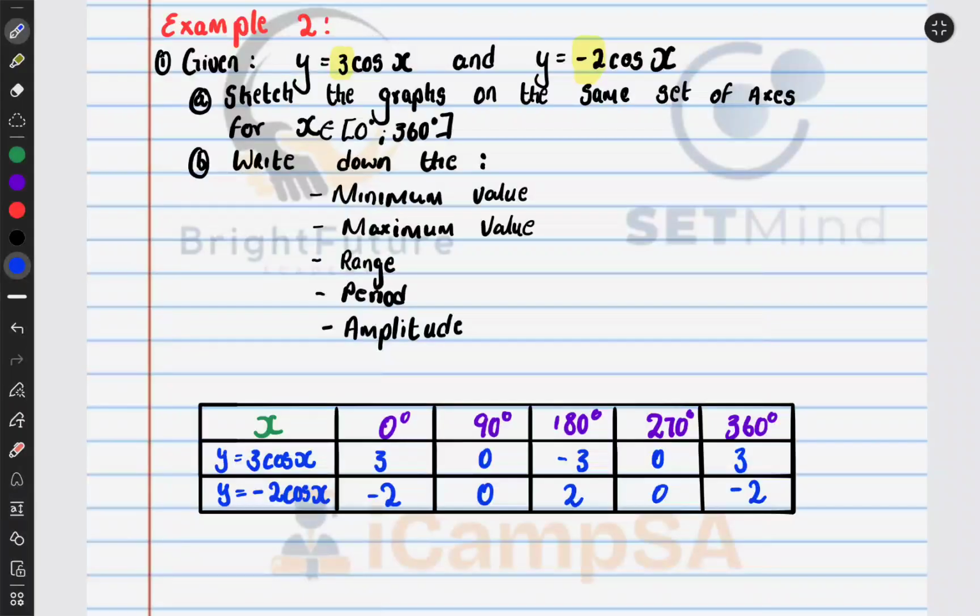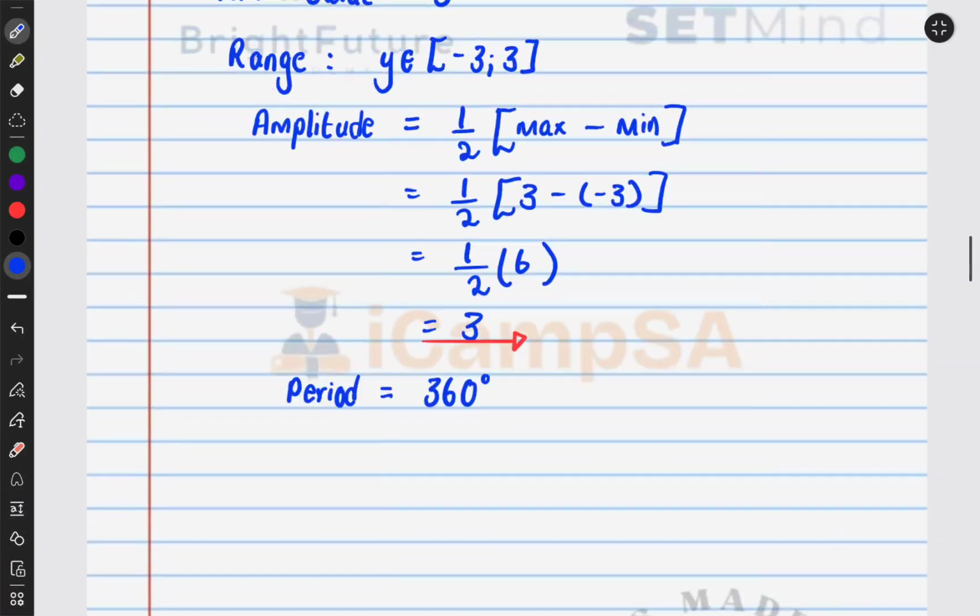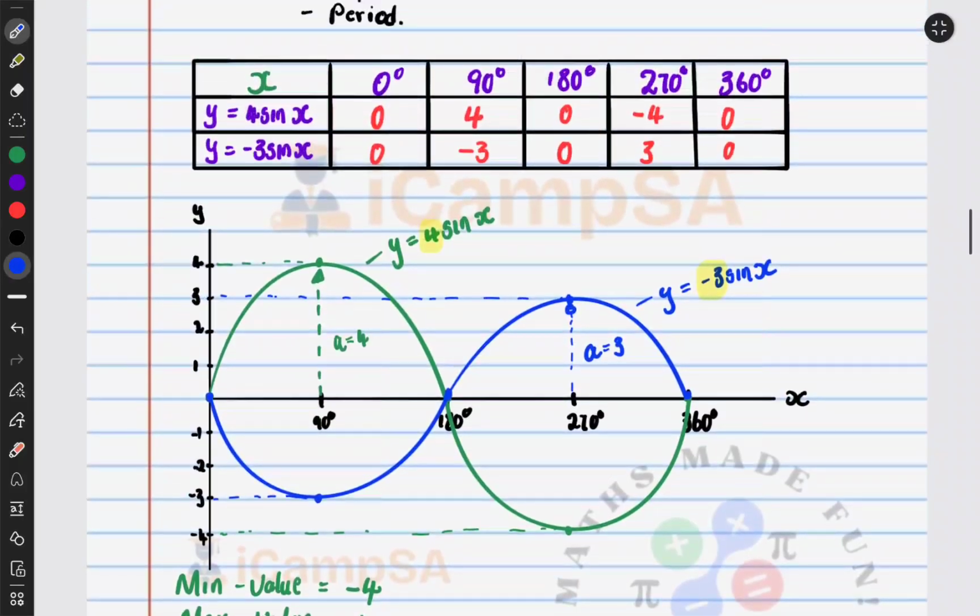that means the function has been reflected about the x-axis, which is the same thing as we saw with the blue function here. So normally the sine function always starts from 0 and goes upward. Once it starts from 0 and goes below 0, that means it has been reflected.